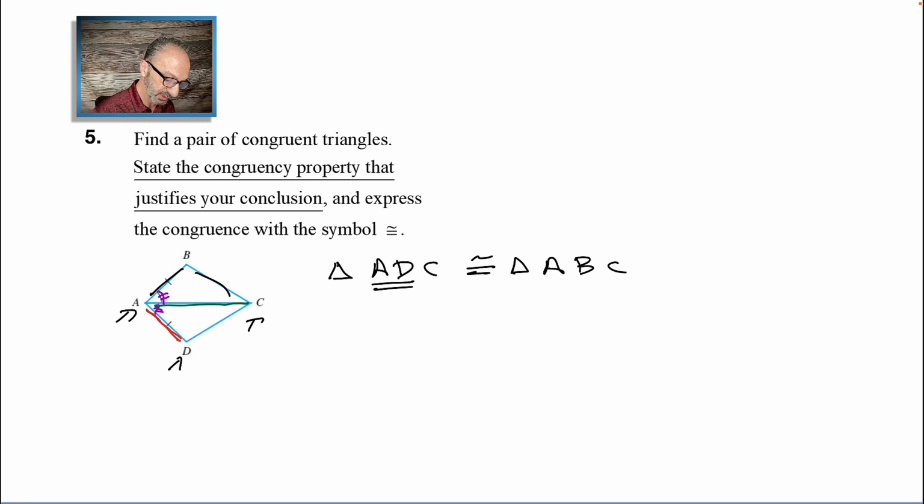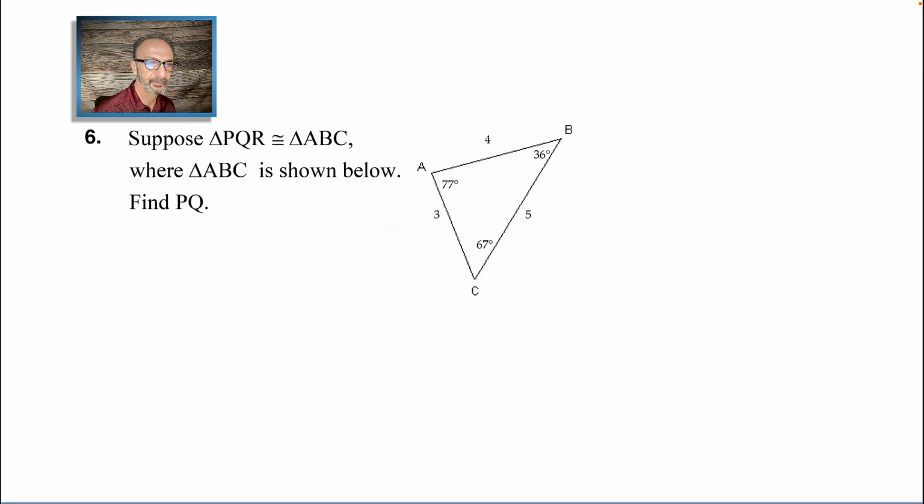AD corresponds to AB, and so on. And the reason why, state the congruency property by side, angle, side. The reason why we are using side, angle, side. That should do it for number 5. Number 6.